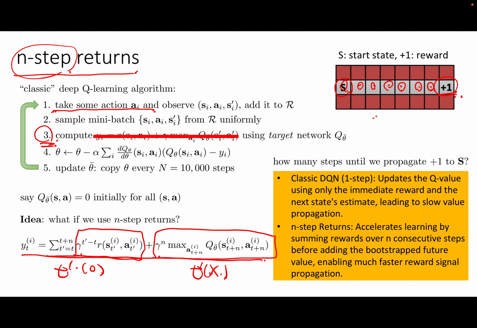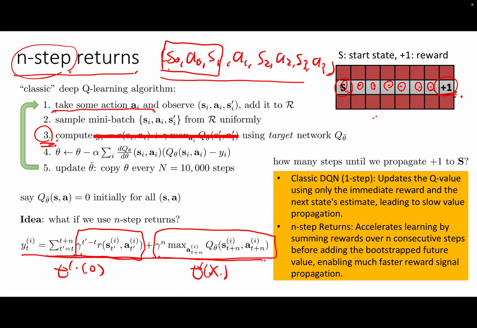So for example, S0, A0, S1, A1, S2, A2, S3, A3. In the original classic deep Q-learning algorithm, we only save the first transition to our replay buffer. But if we take actions 3 times, then we have longer data, and we can save that to our replay buffer.